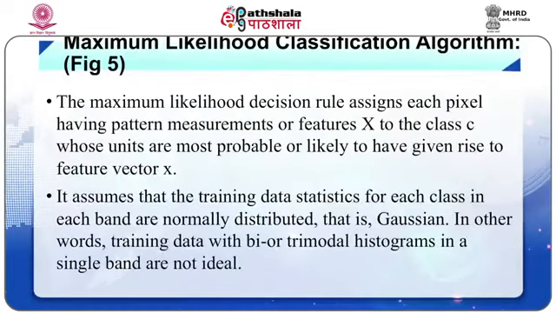Maximum likelihood classification is shown in figure number 5. The maximum likelihood decision rule assigns each pixel having pattern measurements or features X to the class c whose units are most probable or likely to have given rise to feature vector X. It assumes that the training data statistics for each class in each band are normally distributed, that is, Gaussian.